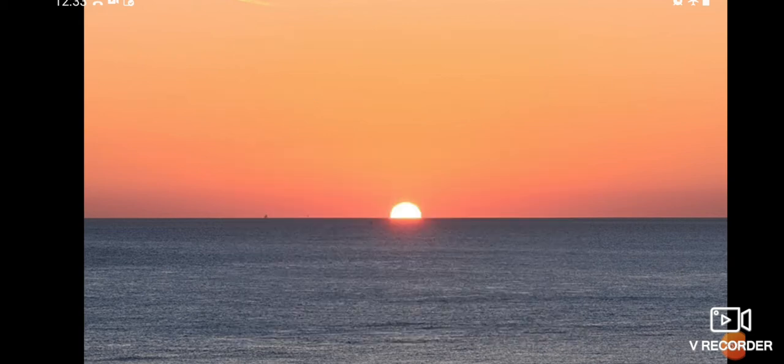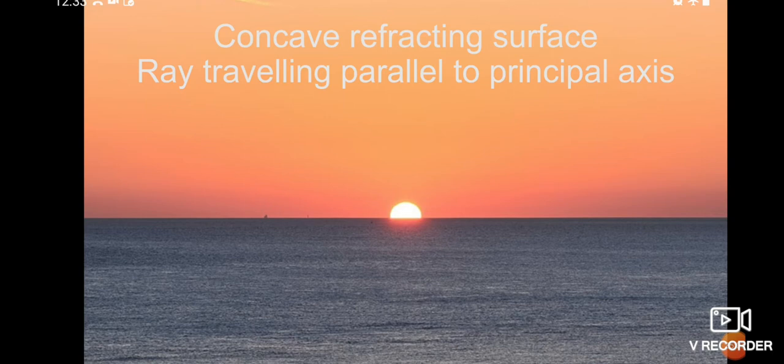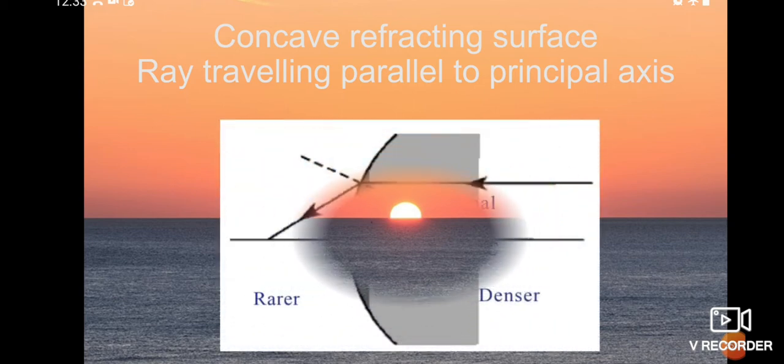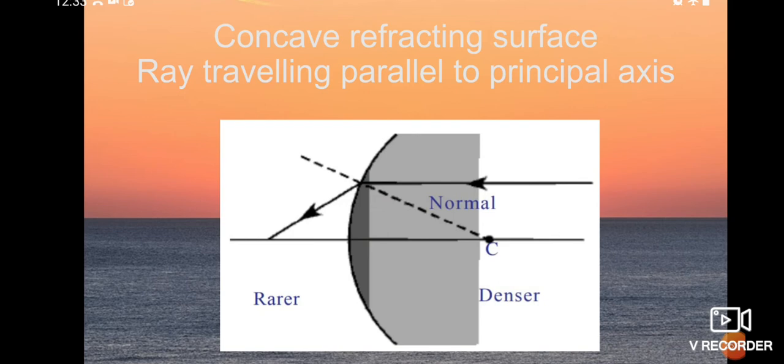In the next case, when you take a concave refracting surface and the ray is traveling parallel to the principal axis, what is happening? Let us watch the ray diagram. When the light ray is traveling through the concave refracting surface, it travels from denser medium to rarer medium.